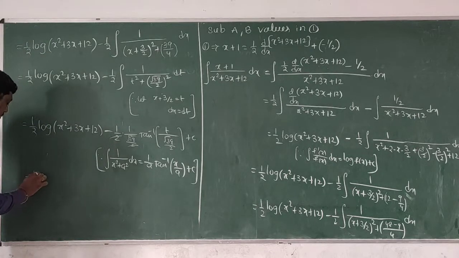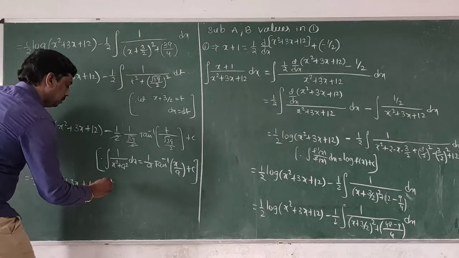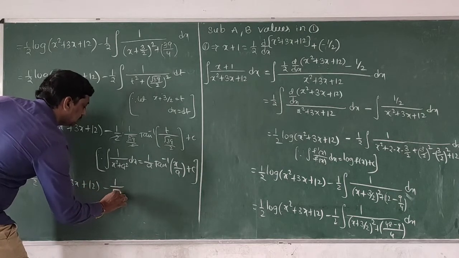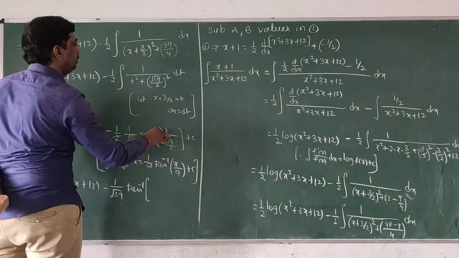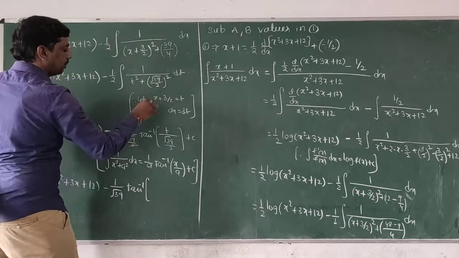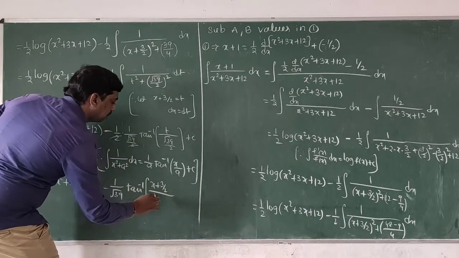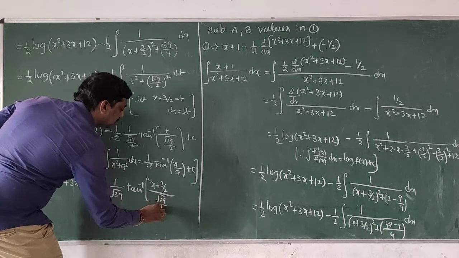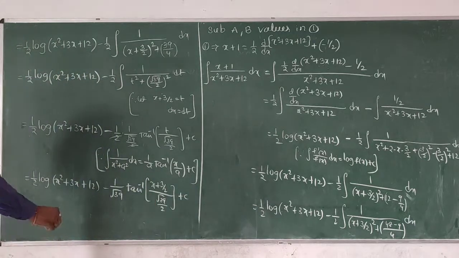So 1 by 2 into log of x square plus 3x plus 12 minus 1 by root 39 tan inverse of x plus 3 by 2, x plus 3 by 2 by root 39 by 2, plus, okay.